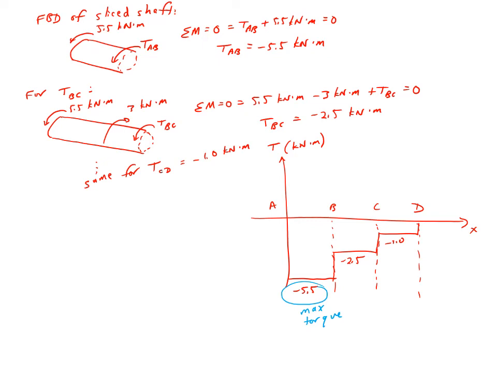The question is basically asking for the diameter that's required if we want to limit the maximum shearing stress in the shaft to 100 megapascals, right? So let's put that together with basically an equation so that we can solve for that diameter.